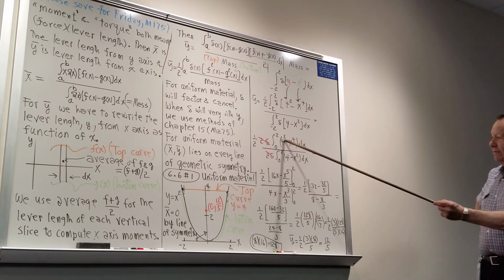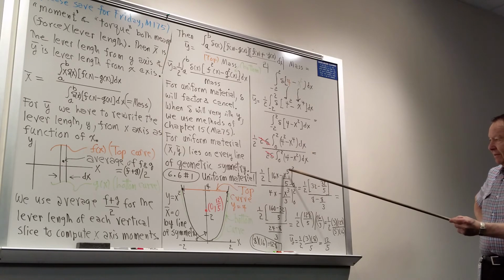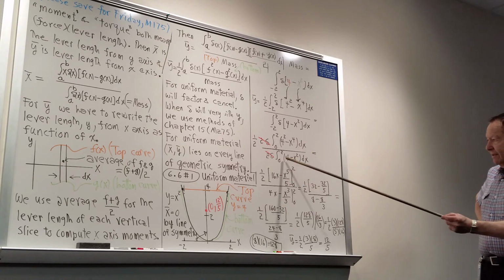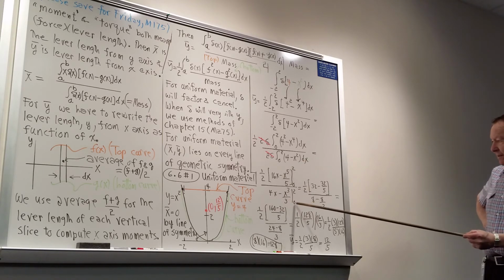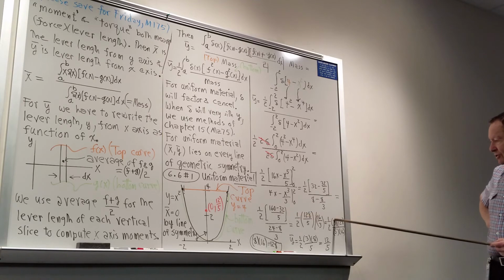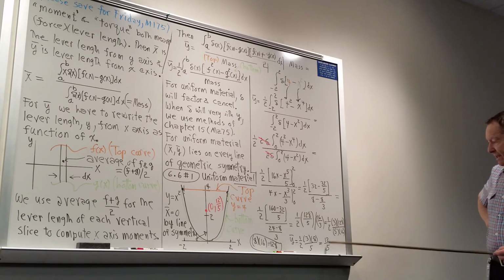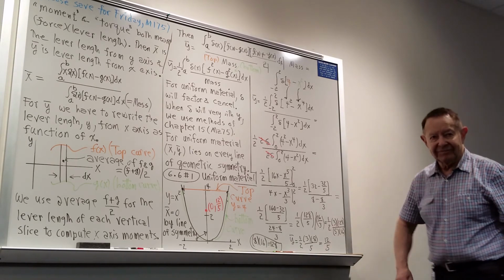Okay, 16 integrates to 16x. This is x fifth over 5. Down here is 4x, x cubed over 3. So I put in the limits and go through the fractions, and I get 12 over 5, which is what the book says it is.